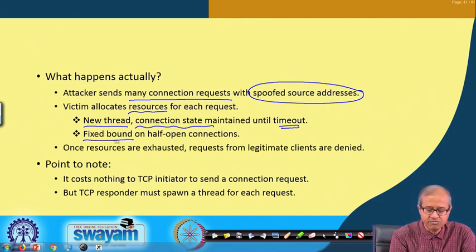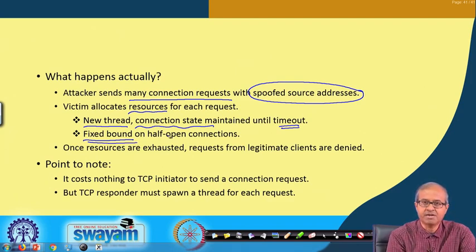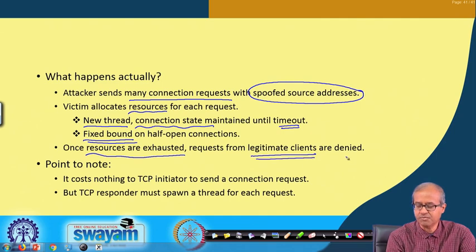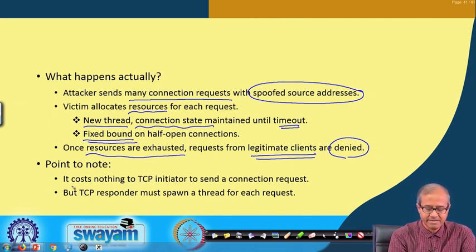The table allows a fixed number of half open connections to be maintained, but if the table gets exhausted, no further requests will be accepted, and even legitimate client requests will be denied. The point to note is that when the attacker mounts the attack, it costs nothing to the attacker, the TCP initiator.